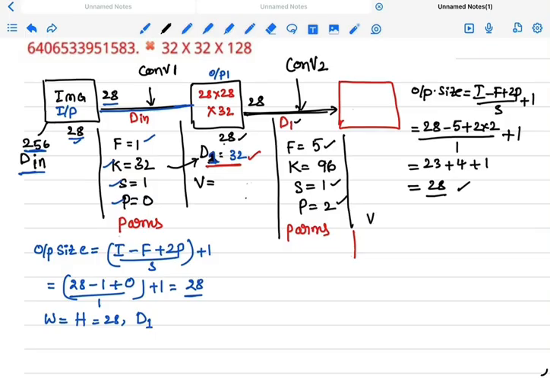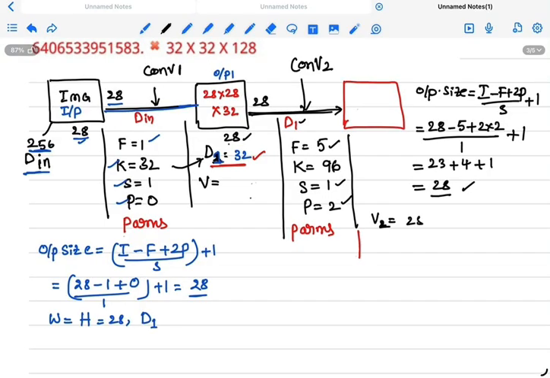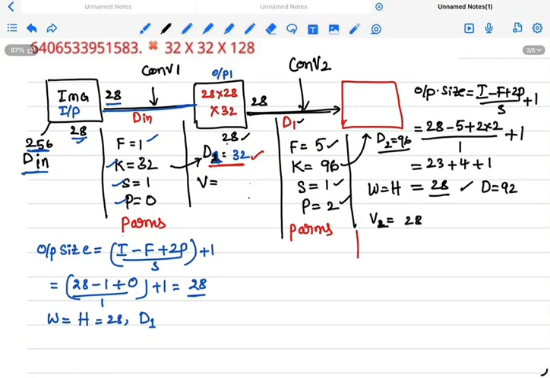So 28, here the volume 2, that is the feature map volume 2 after the second convolution layer, is 28. So width equals height, the same, and depth d equals the number of filters, right? Depth d1, d2 here is 96. The feature map volume is 28 cross 28 cross 96.